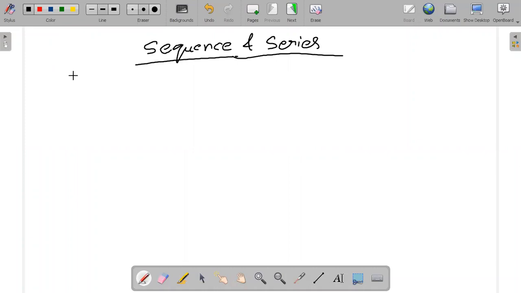Now, there are some properties of bounds of a sequence. So let me first put this.